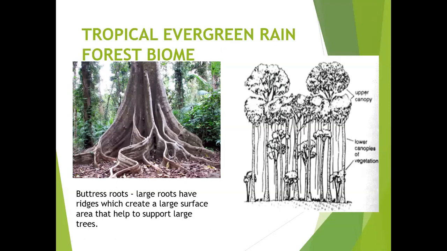You'll find the ridges created on a large surface area, which provide support to large trees. And this is the canopy structure, with different layers. All these trees are competing for sunlight, so they keep growing taller and taller in order to access the sun.